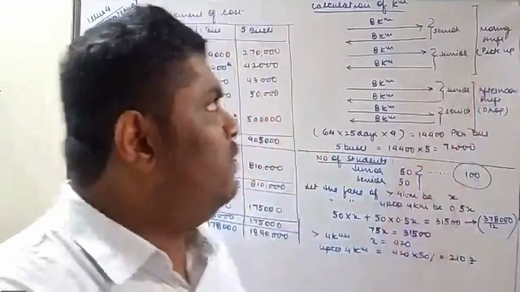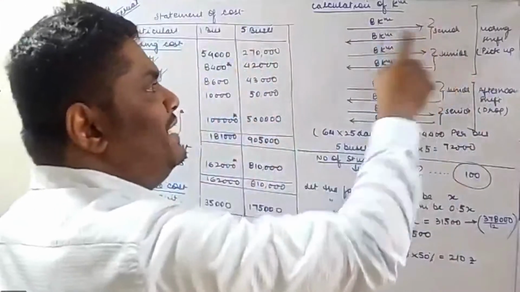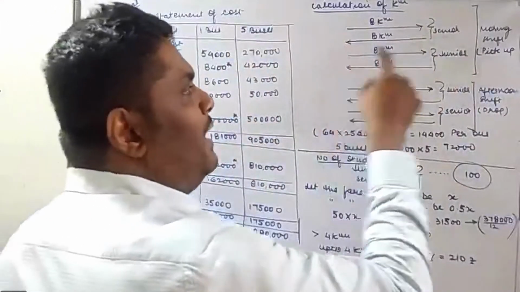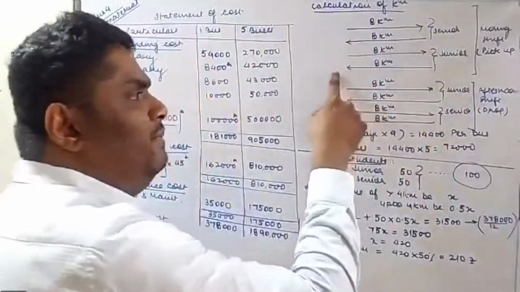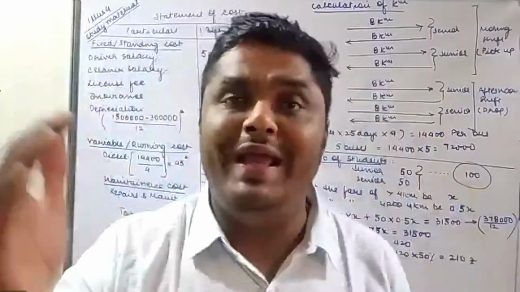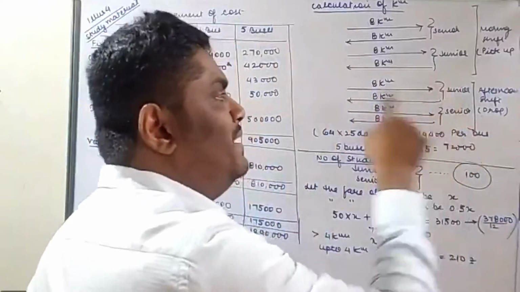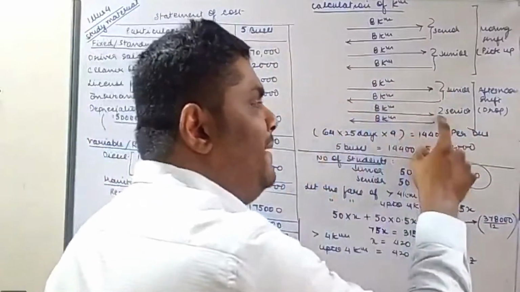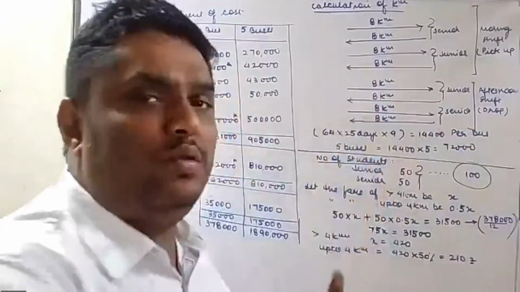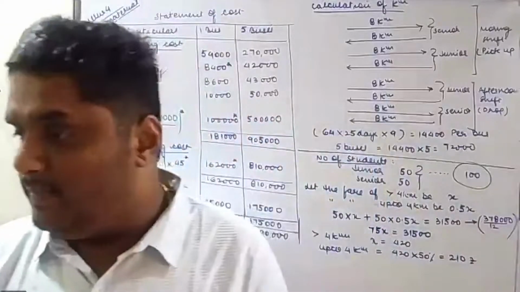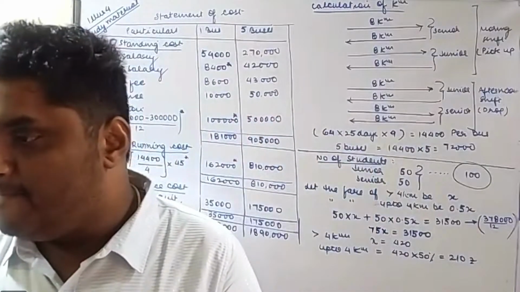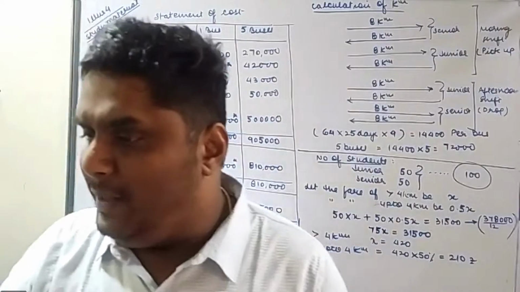So this is what the calculation is. They are picking up the senior students and they are bringing them to school. They are picking up the junior students, they bring them to school. So after the school gets over, they are dropping back home. So they are dropping junior students, bus is coming back to school. They are dropping senior students and the bus is coming back to school. I hope it is clear, Rohan.